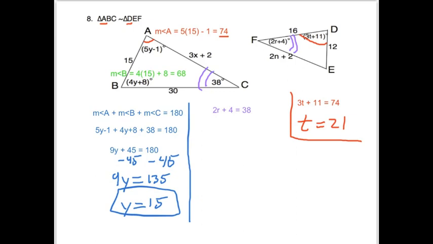When you solve that, you get that r is equal to 17. So now the only thing that's left are these side lengths. In particular, we're missing side length x, 3x plus 2, and n in 2n plus 2. So I'm going to clear the page and let's take a look at side lengths.